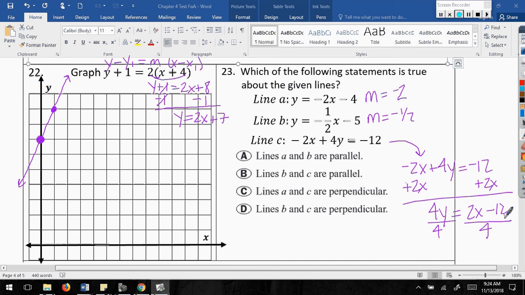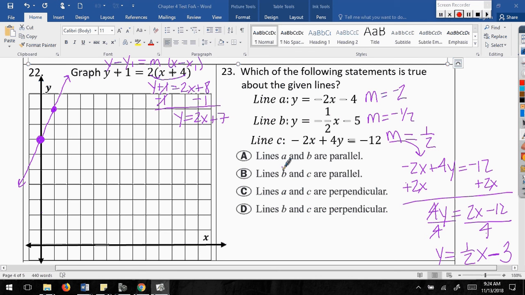And again, because I'm dividing by 4 on the right side and I'm subtracting, that's going to go to both of those pieces. So I have y equals 2 divided by 4 is 1/2. Negative 12 divided by 4 would be negative 3. So the slope for this line is going to be 1/2.